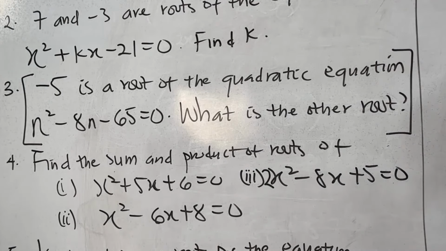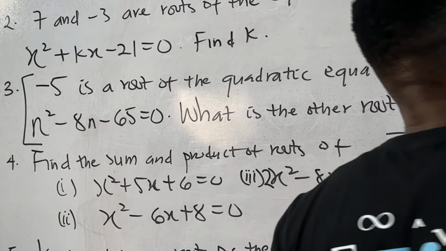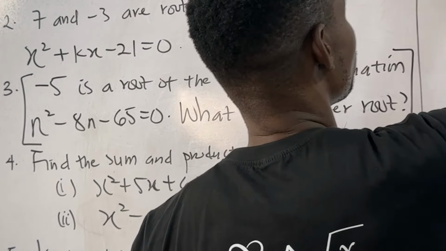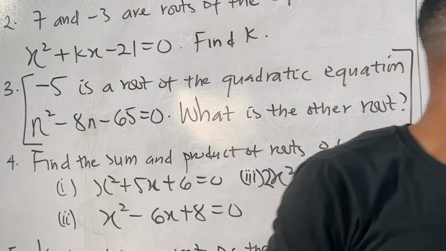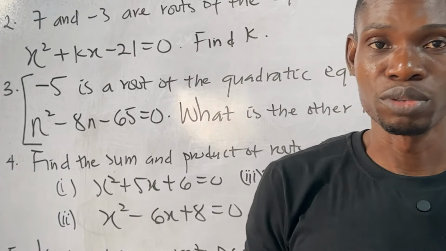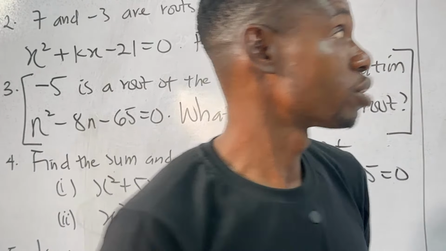So we're given the two roots. The first root is 7 and the second root is minus 3. We're solving question 2 now. Remember we said that the sum of roots and product of roots can be used to form the equation.